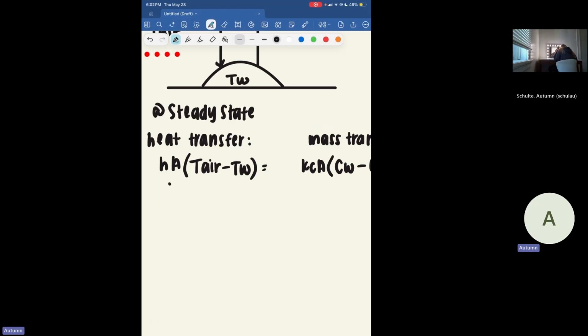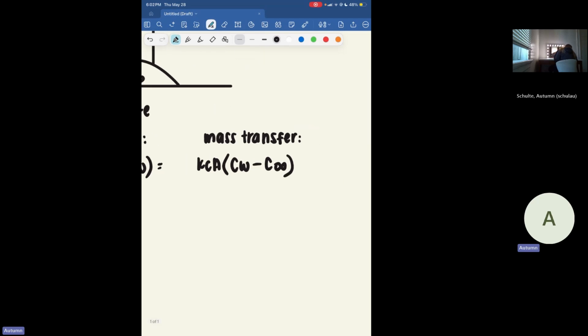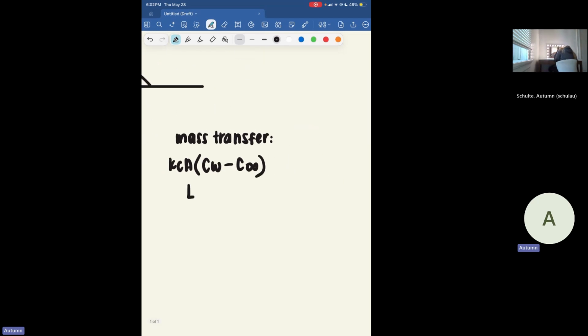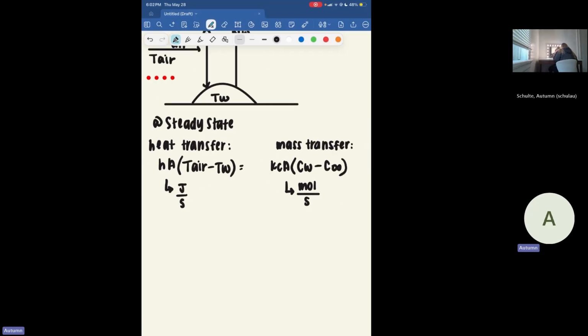Now let's take a look at our units. So the units of this equation for our heat transfer are joules per second if you work this out. And our units for mass transfer is going to be in moles per second. Now, in order to relate these two equations and set them equal to each other, we need some sort of proportionality constant. And what we can use is the enthalpy of vaporization.